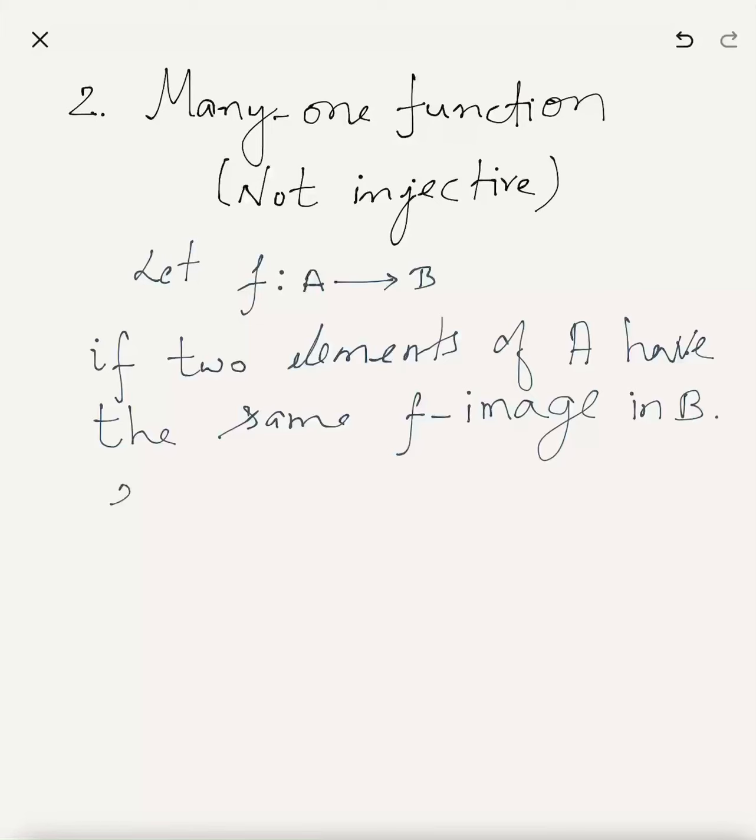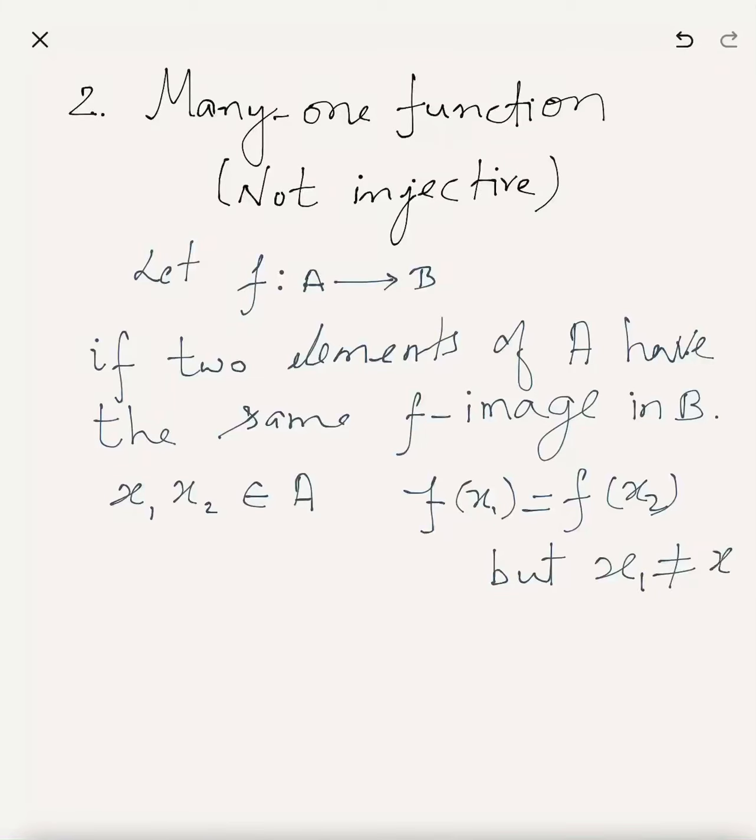Suppose x1 and x2 both belong to set A, and f of x1 is equal to f of x2, but x1 is not equal to x2, then we can say that this is a many-one function.